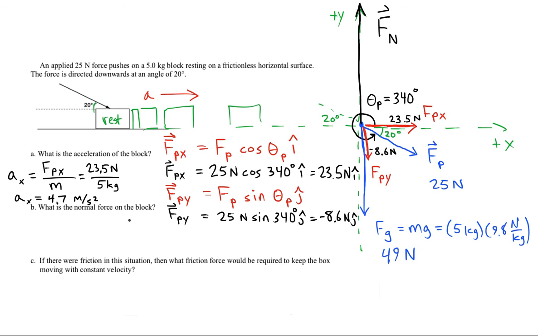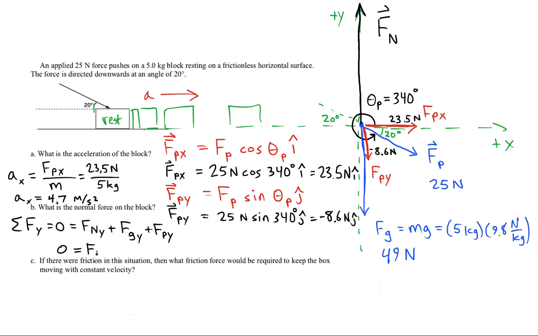Now, what would be the normal force on the block? We'd have to start with the idea that the sum of the forces in the y direction is 0. Now let's sum them up. We have Fn plus Fg plus Fpy. Those are the three forces that act in the y dimension. Now let's put numbers to them.